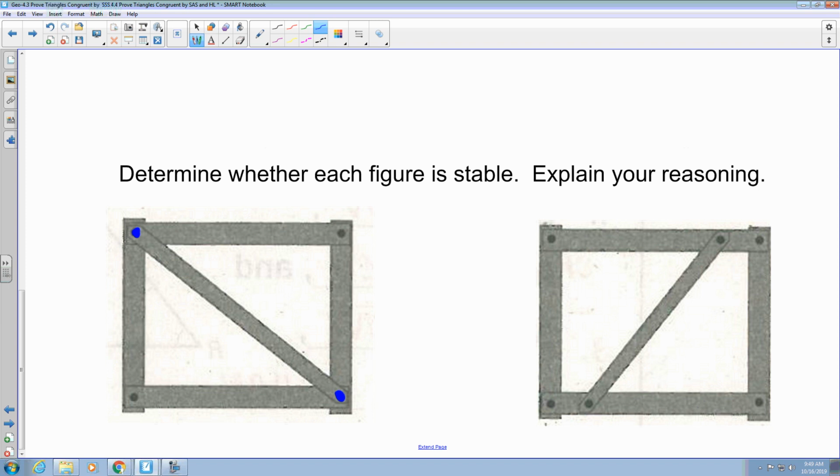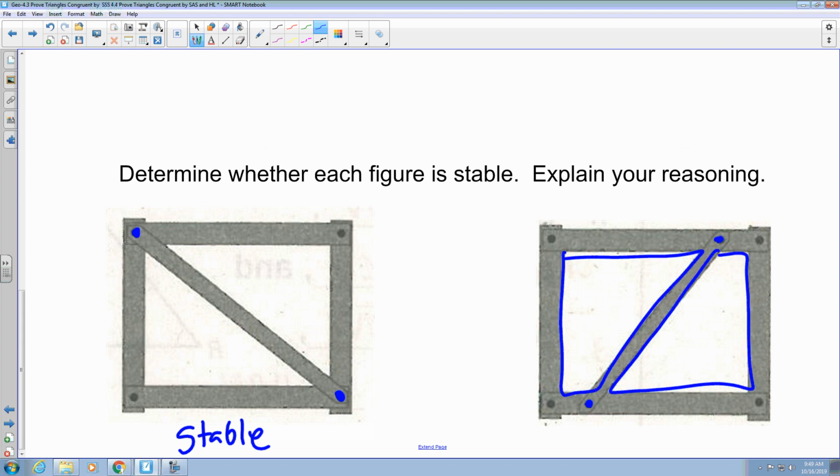These triangles are going to remain the same. So that's why this particular figure is stable. Now, our points here and here mean that the inside can be moved, and then these shapes could also change. Since there's a possibility of those shapes inside changing, this one is not stable.